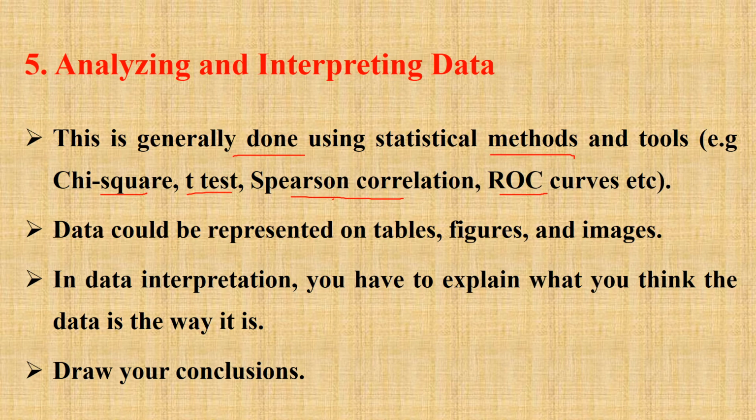Now, to simplify the presentation of your data to your audience, to make it simpler, at times you might have to use different methods in doing that, and you can represent those data on tables. Okay, you can use figures, you can use images or pictures, okay, to represent your data.